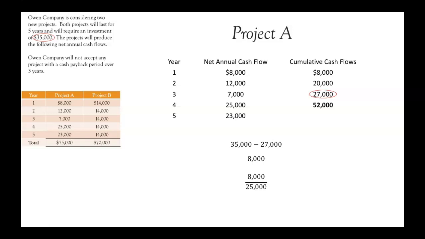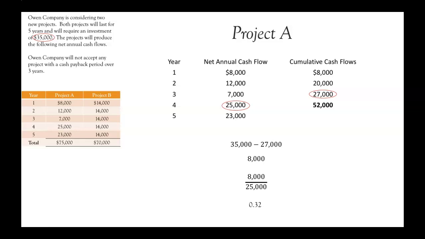What we can then do is take $8,000 divided by year 4's net annual cash flow, that $25,000. And this will tell us at what point in year 4 we will be able to make that $8,000.